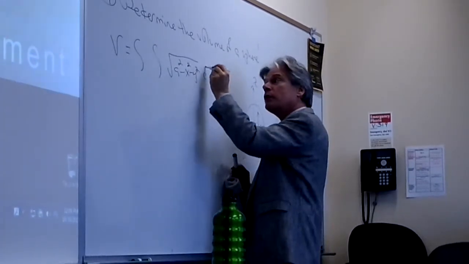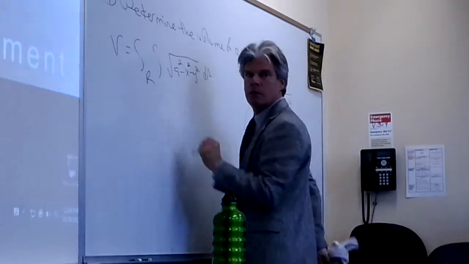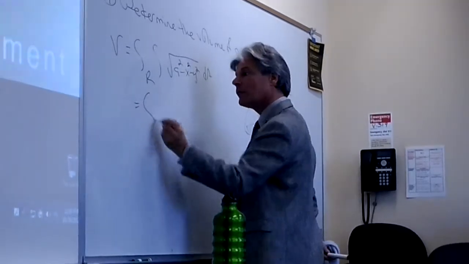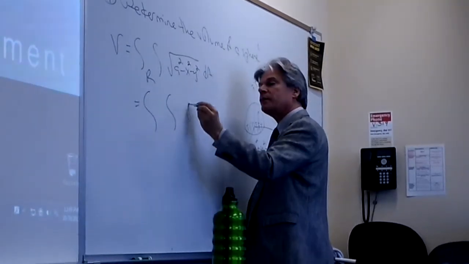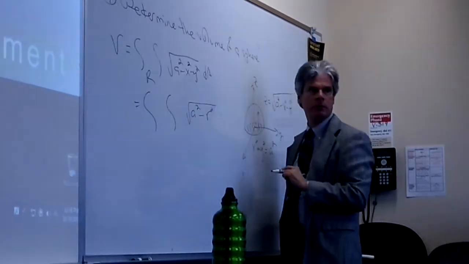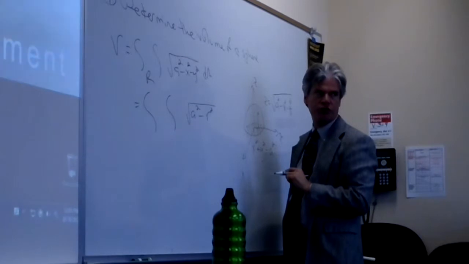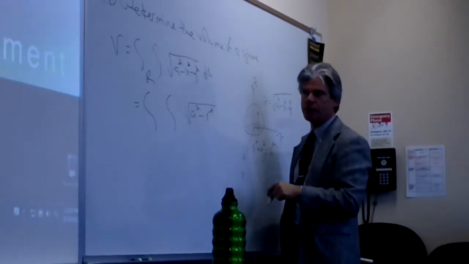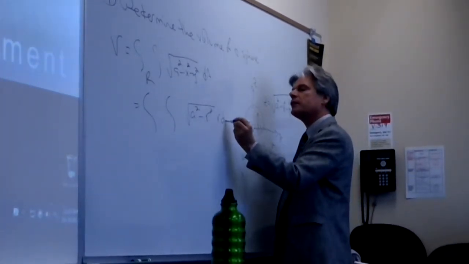And I'm just going to integrate over the area. Now I'll put in the details. I think another name for what's in the radicand's position is simply the square root of a squared minus r squared. Oh shoot, I forgot my Jacobian in the change of variables in integration. I guess it gives me an r dr d theta.